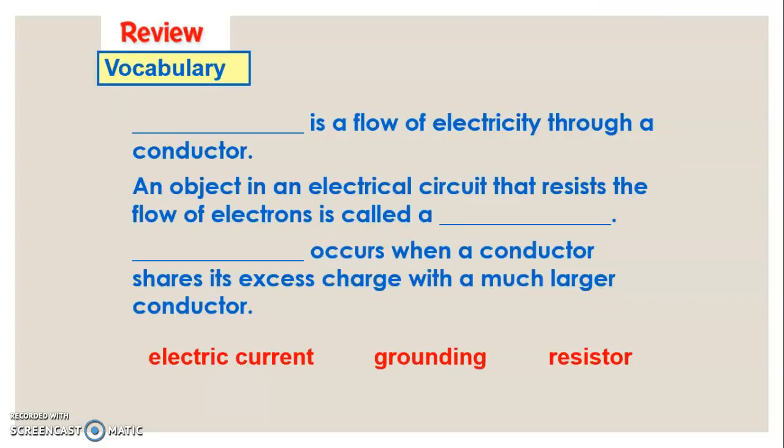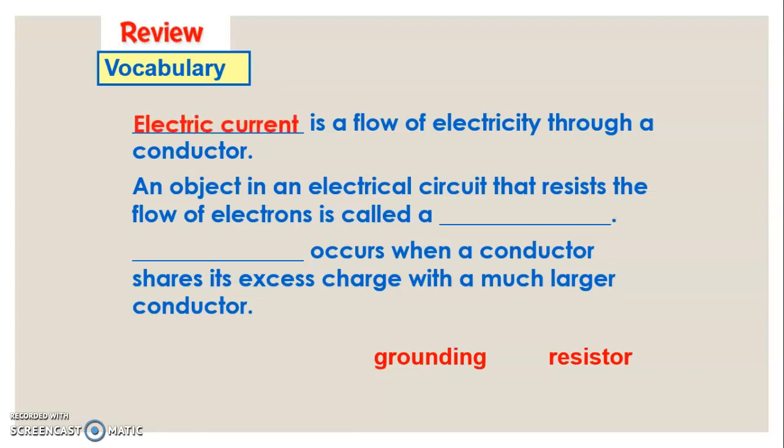Okay, so at the end of this lesson, I wanted us to answer the review all together. First question. Is a flow of electricity through a conductor? What is it? Okay, checking the options, tell me what is the best for you. The correct answer is electric current.